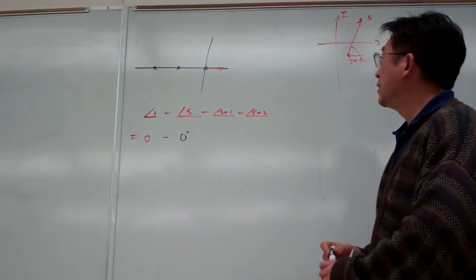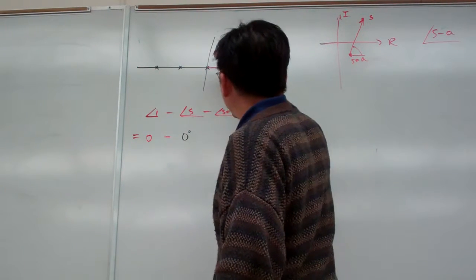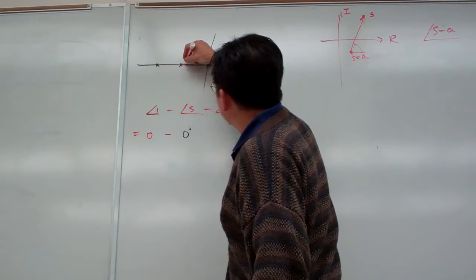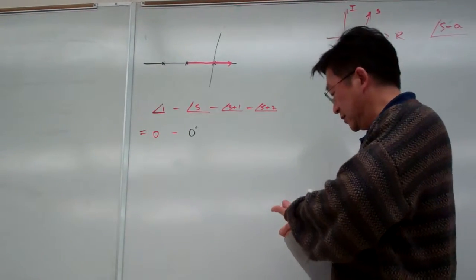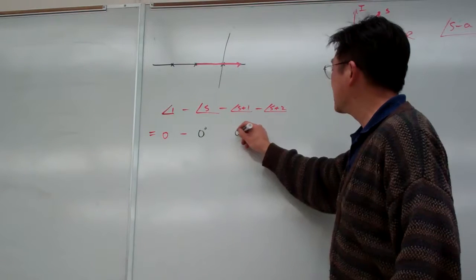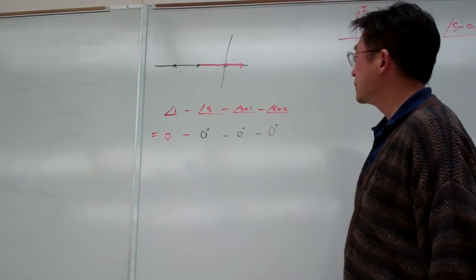Then the second one is minus 1. We simply take the arrow from here to here, and you can quickly see this angle is 0 degrees. The last one, the same thing, is 0 degrees.